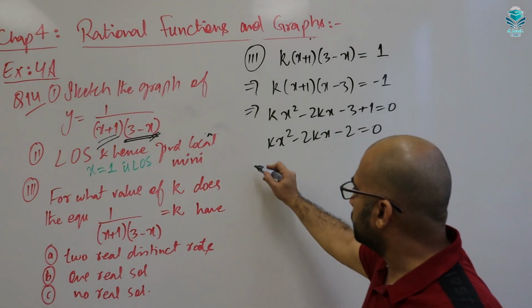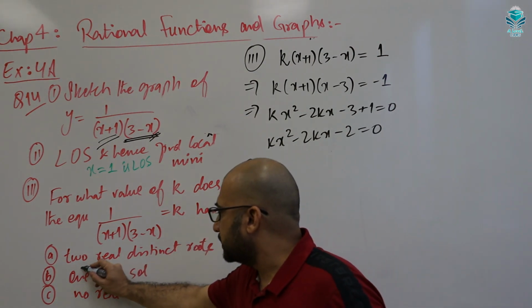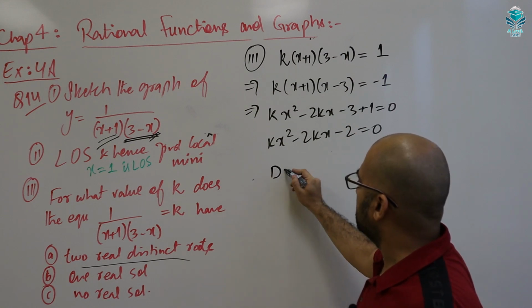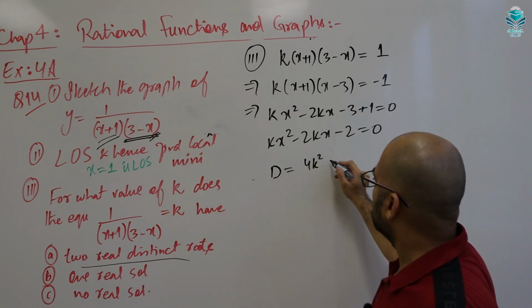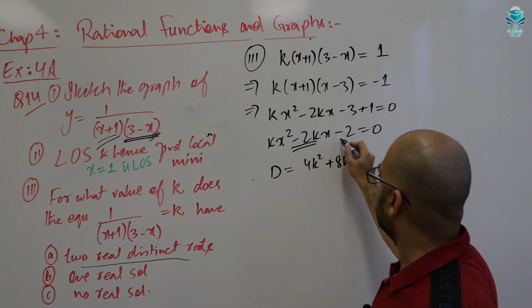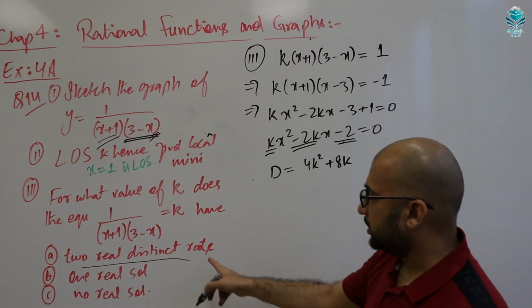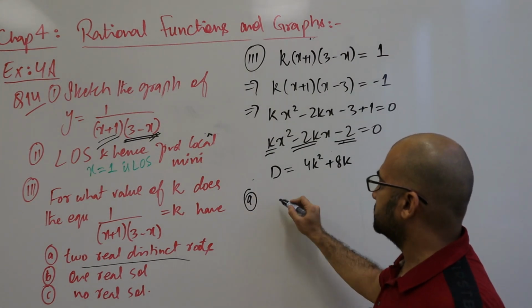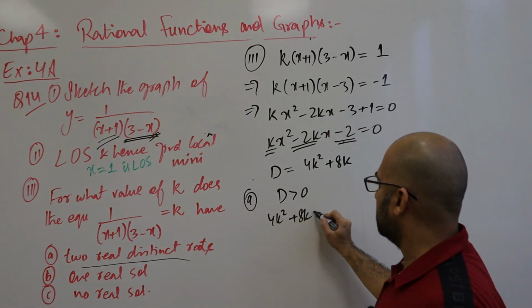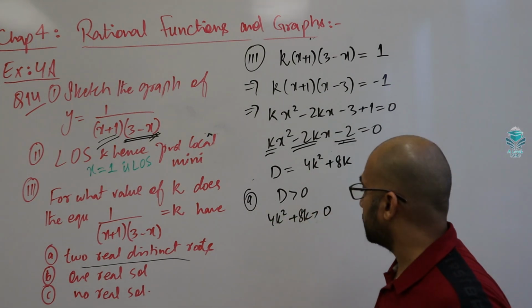So what we have to do for the first part, it asks for which values of k it has two distinct real roots. So you have to calculate the discriminant, and the discriminant is b squared minus 4ac. Since it asks for distinct roots, the discriminant will be positive.